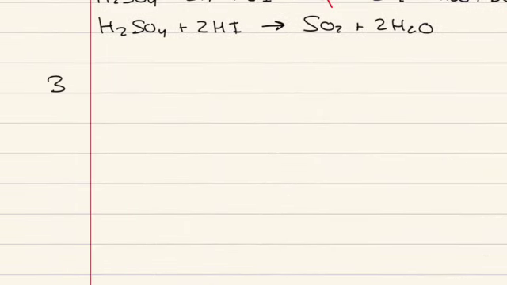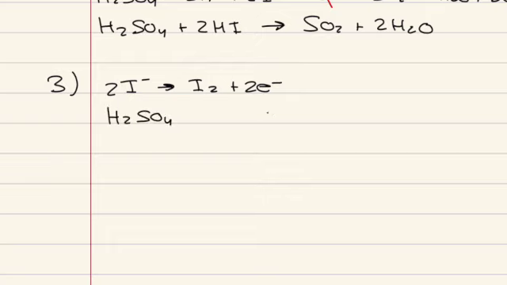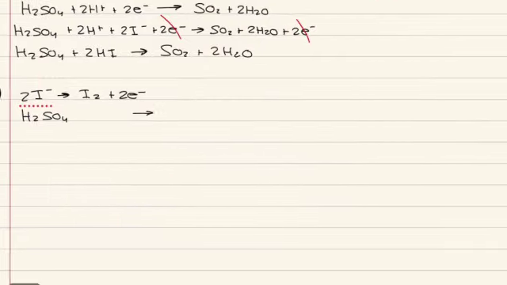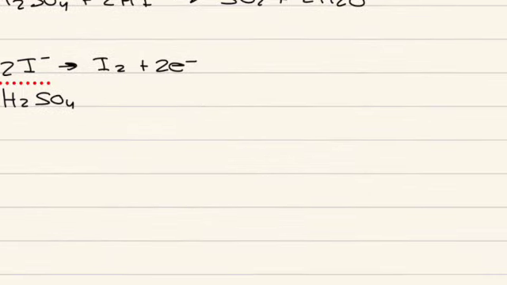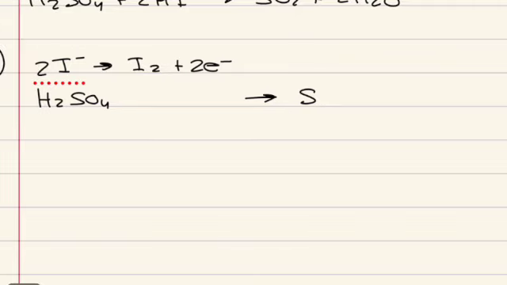So now we're going to do the second one. We're going to do the same thing with the iodine. It's the exact same thing for each one. So now we're going to do our sulfuric acid. And as we should have memorized, we know that we have sulfur being produced.